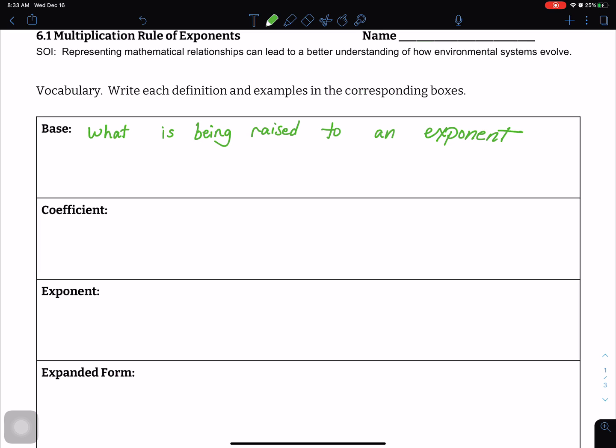So when we're looking at an exponent, if I have something like 5 to the power of x, 5 is considered my base. If I had it in parentheses, such as 3x to the power of 4, this whole thing here is now my base.